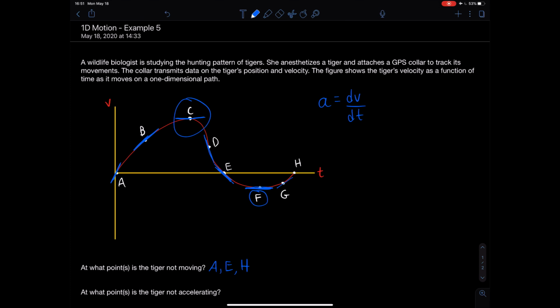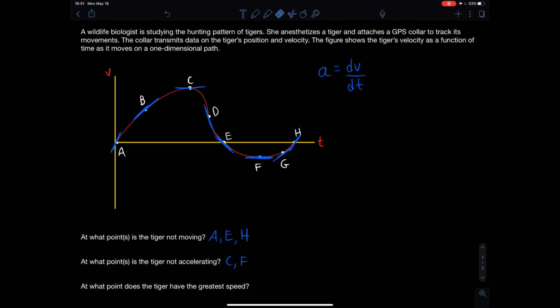And then at G, we're back up to accelerating positively. And H, even though it's an endpoint, we can kind of extrapolate and guesstimate that that's what the tangent line would look like if this graph kept going smoothly. So we have C and F as our horizontal tangent points, and since we're looking at a velocity graph, that means we have 0 acceleration at those points.